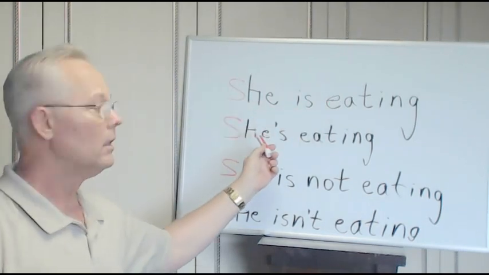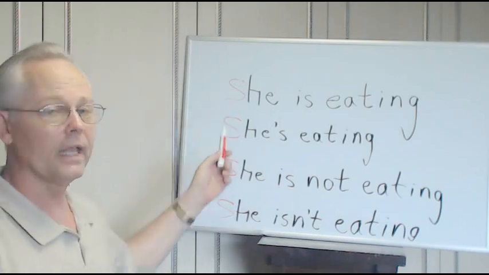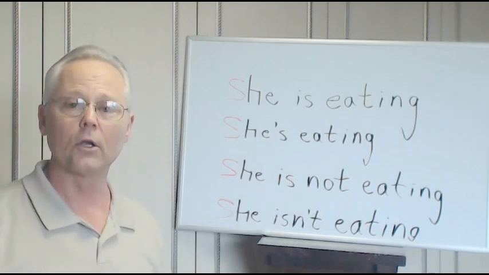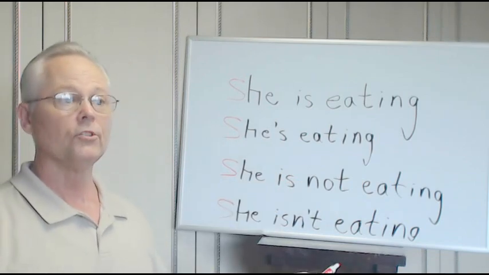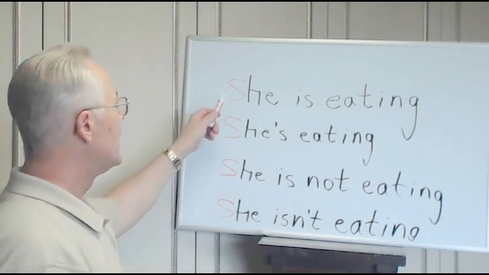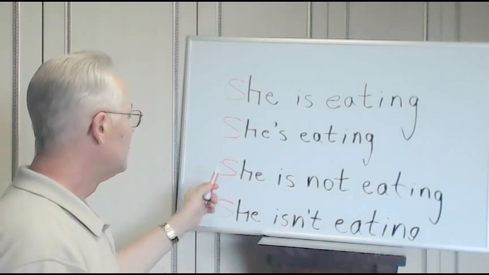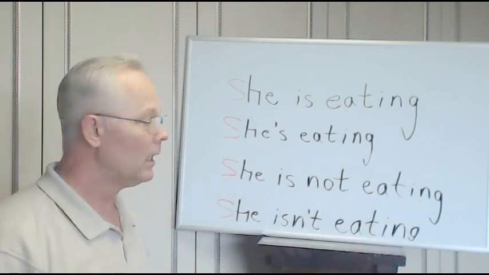She is eating, she's not eating, whichever you want to use. Again, we can use a woman's name. Maybe her name is Jane. So, Jane is eating. Jane's eating. Jane is not eating. Jane isn't eating.